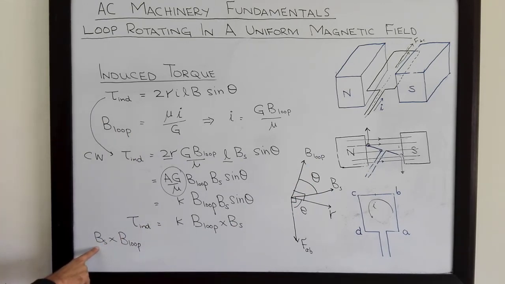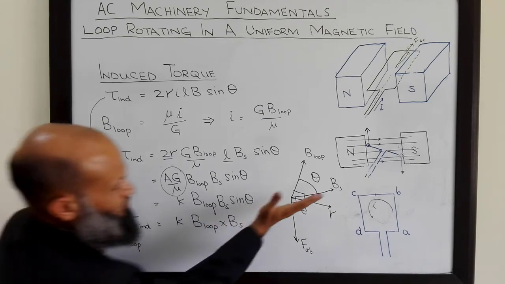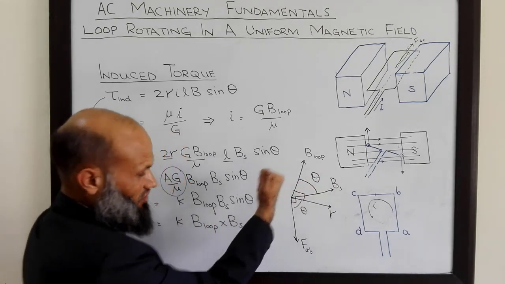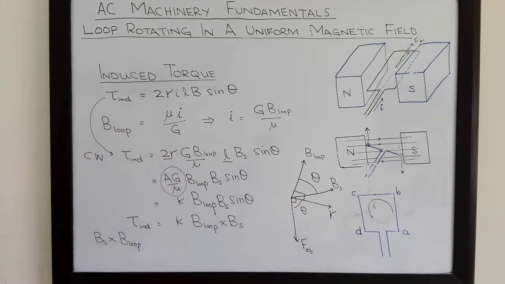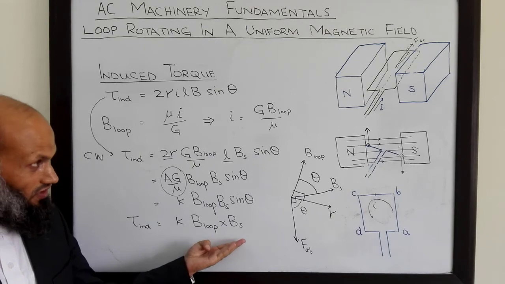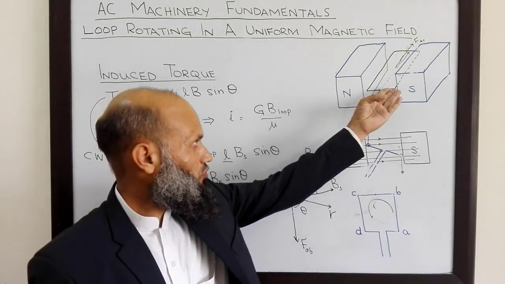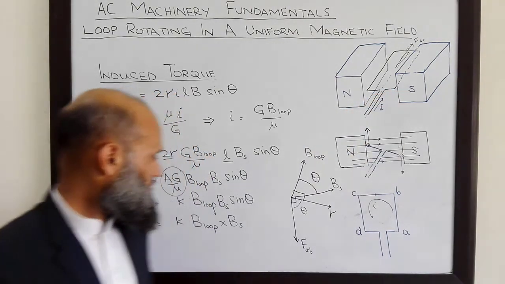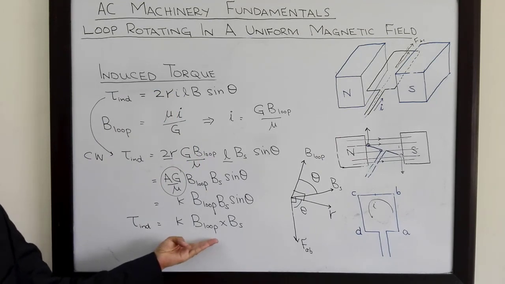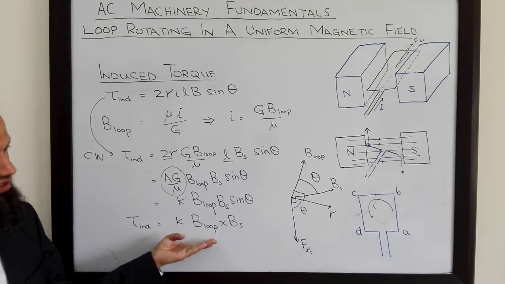However, if I write it in this way, that is not true, because B S cross B loop is in counterclockwise direction. So this expression is not true. Therefore, we have an expression for induced torque produced in this coil. This expression will be more convenient when we shall be talking about real AC machines.